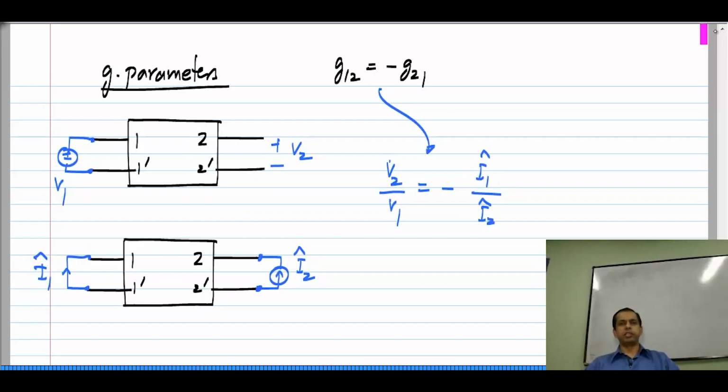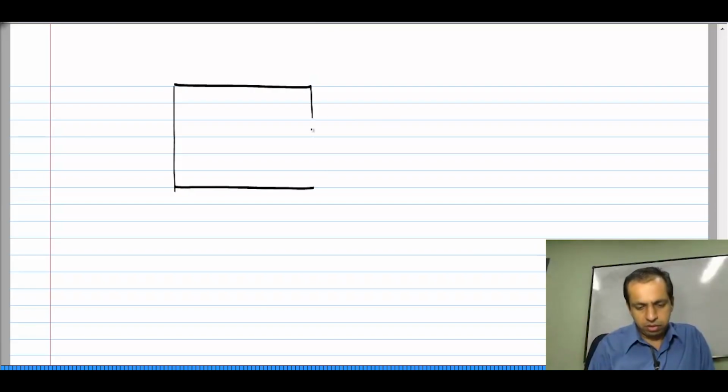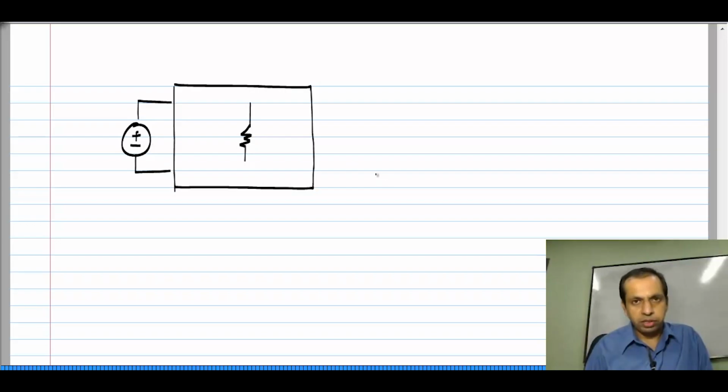Now, these are all the implications of reciprocity in terms of the 2 port parameters we have defined, but the main use of reciprocity is that, let us say you already know some result, okay, with a particular source. So, let us say this is a network and it consists of resistors, and let us say I have the single independent source somewhere.